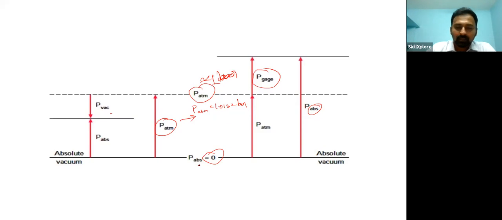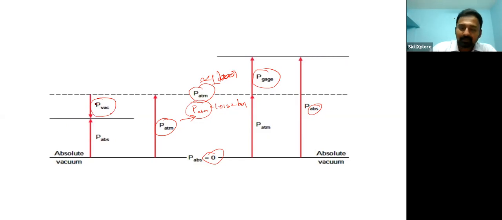We cannot make an environment that is absolute zero bar. If you want to calculate a vacuum pressure, that is, how much vacuum is there, it is the pressure which is less than 1 bar, less than atmospheric pressure. That we call vacuum pressure.